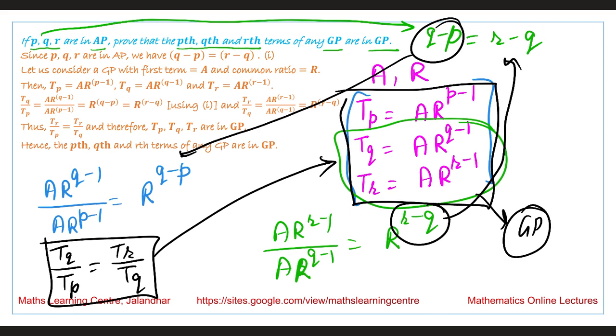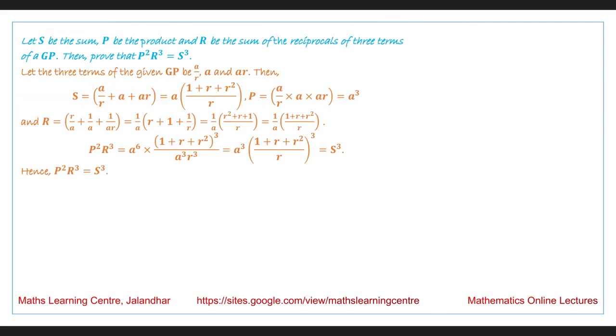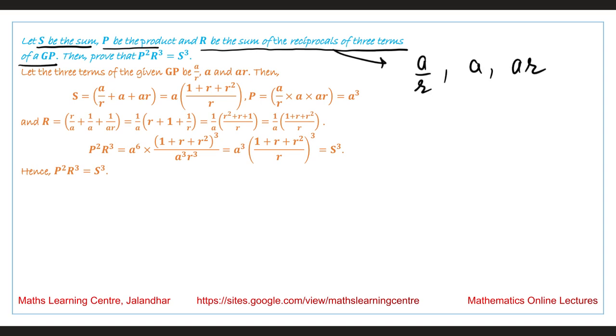These form a GP. Next is, let S be the sum, P be the product and R be the sum of the reciprocals of the three terms of a GP. So we consider the three terms of the GP to be A by R, A and AR.